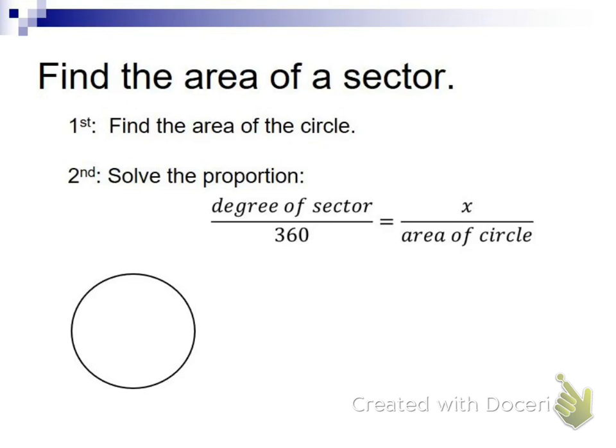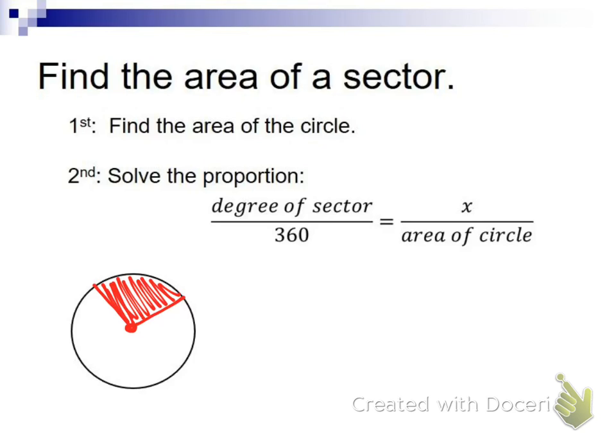So our proportion says we start off with the degree of the sector over 360. So a sector is like a slice of pie. So if you want to also get a diagram copied down, filled in. This would be a sector here that I'm shading in with the red.